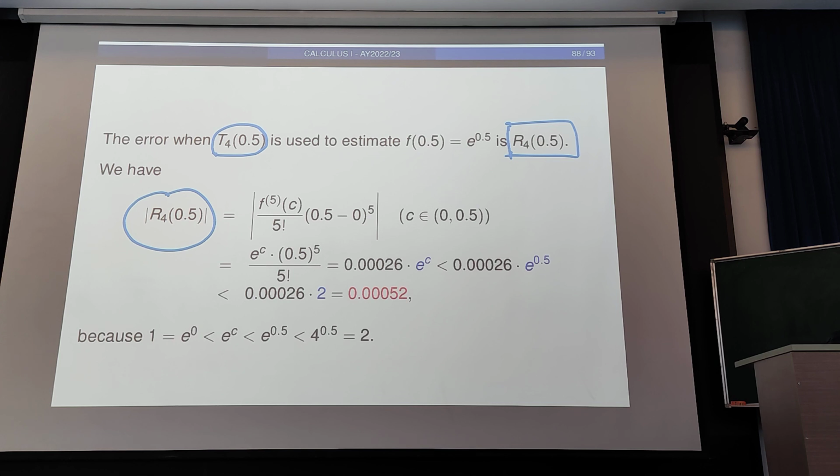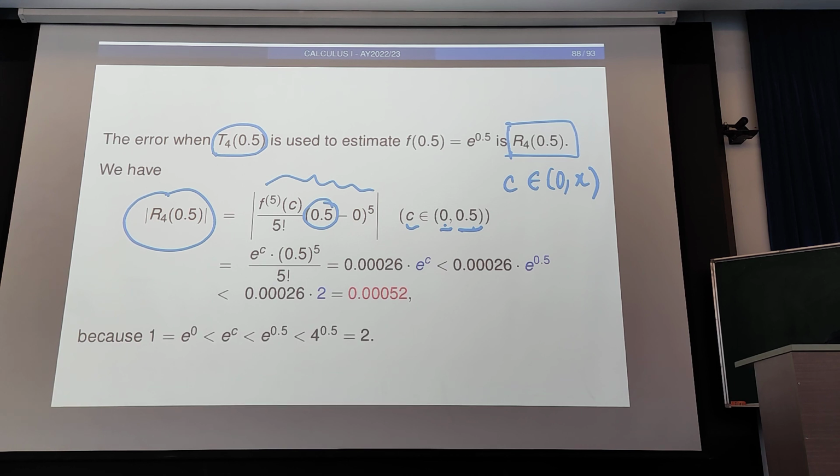I'm not going into the detail, but this is the formula of the fourth order Taylor remainder at x equal to 0.5. And C is a value between 0 and x. That means C belongs to the interval from 0 to 0.5, right? In the definition of a Taylor remainder, C belongs to 0 to x, but here we substitute x equal to 0.5, so we have this interval. Okay?